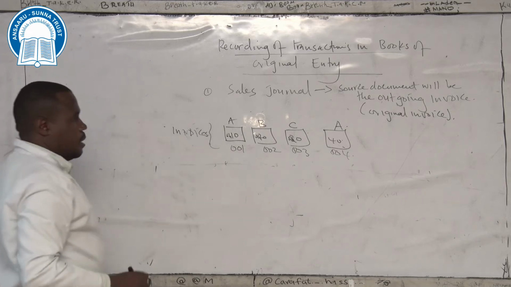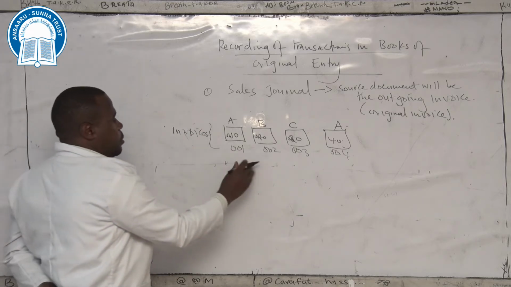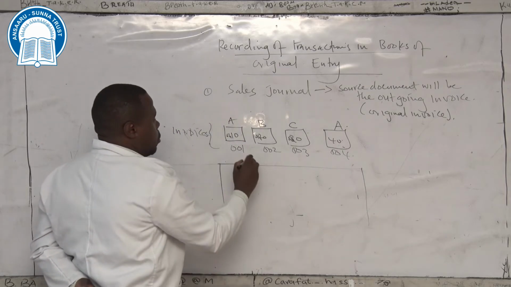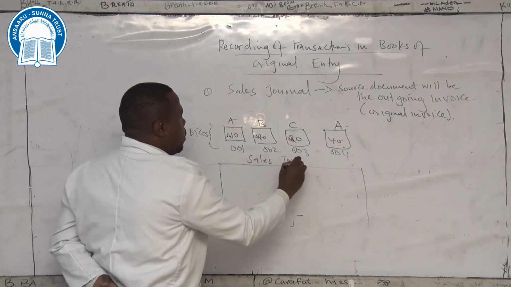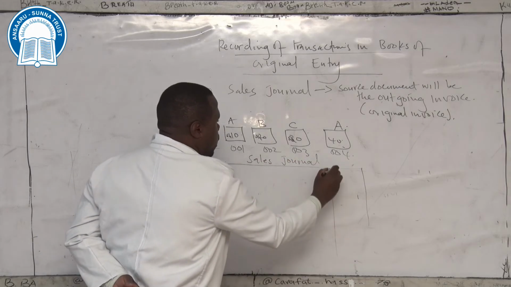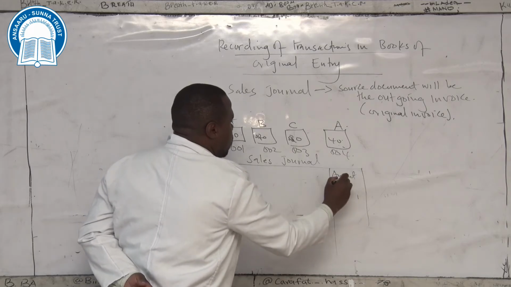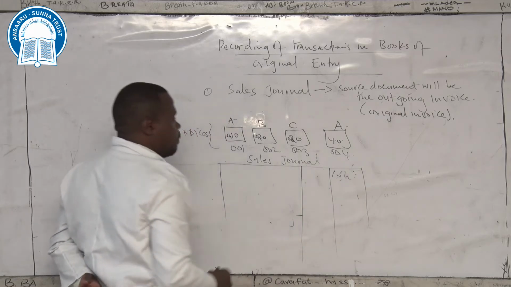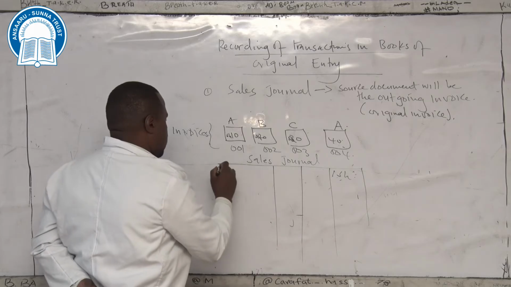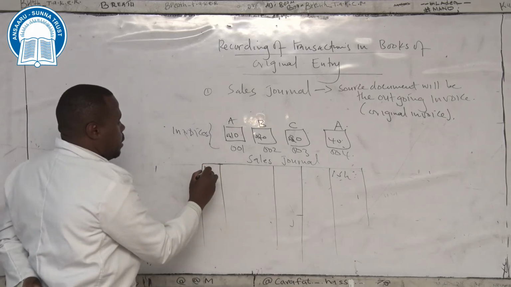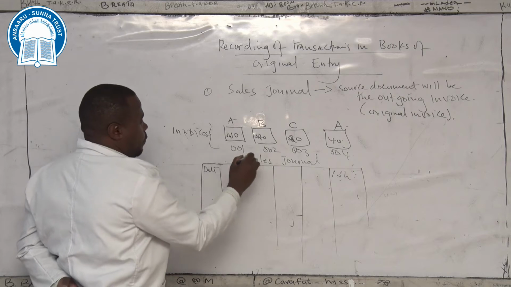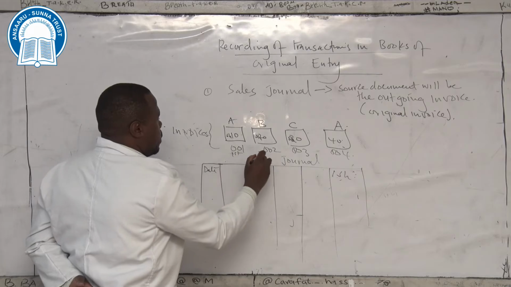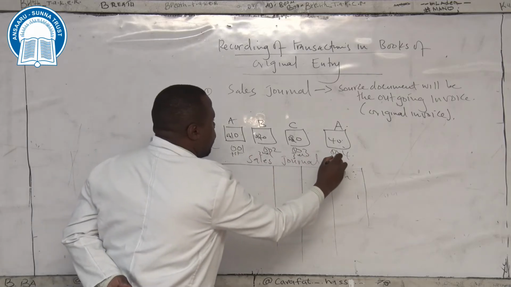These are invoices. For us to post the transaction, the first document it will go to is called the sales journal. In the sales journal, we'll have the amount column, in shillings, and the date. Let's fix the dates: this one was sold on the 1st, then the 2nd, 3rd, and 4th.